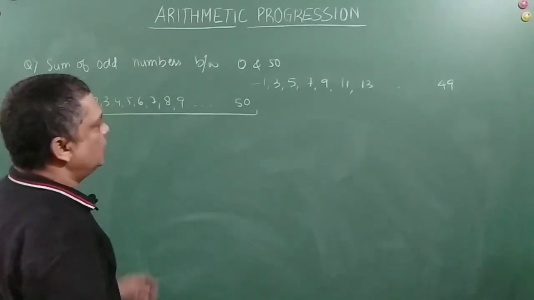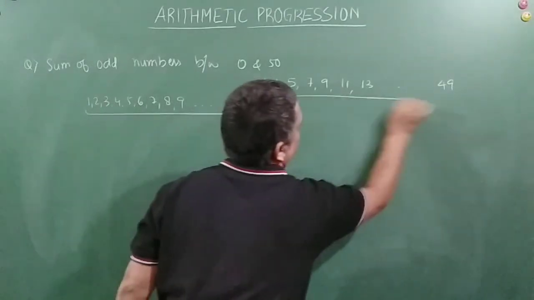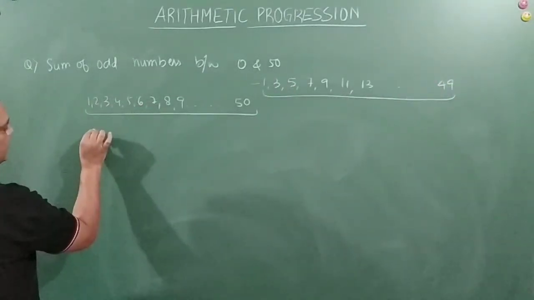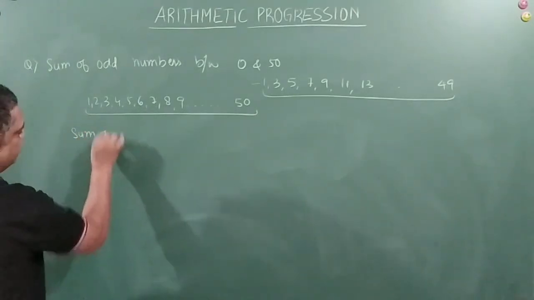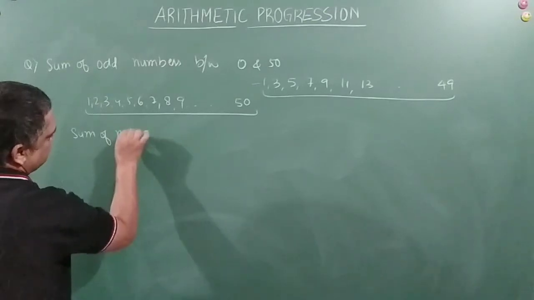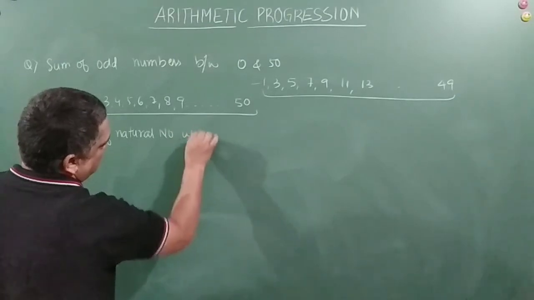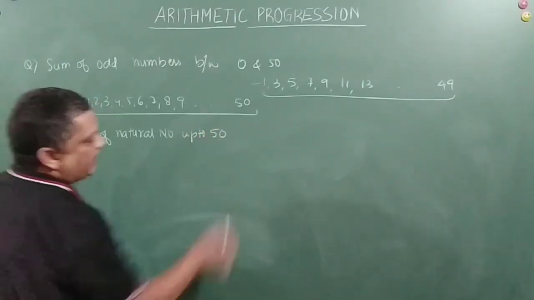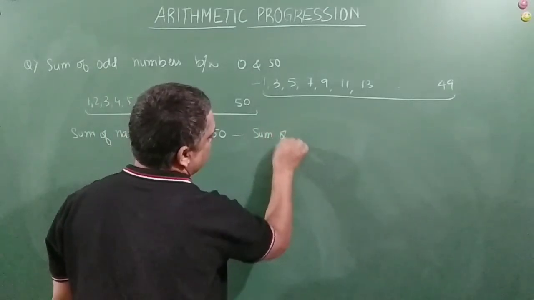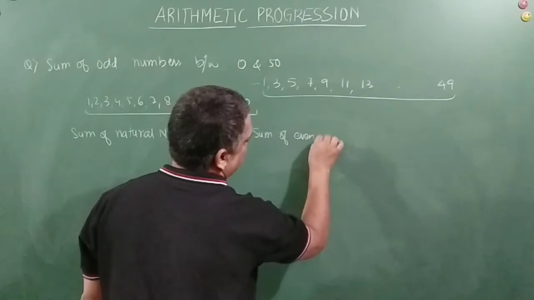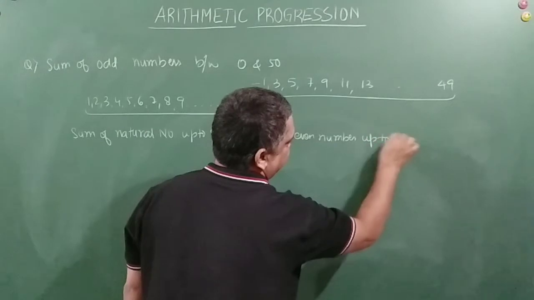Right? So, can we say that if I want to find out this, then that means it is equal to sum of natural numbers up to 50 minus sum of even numbers up to 50.